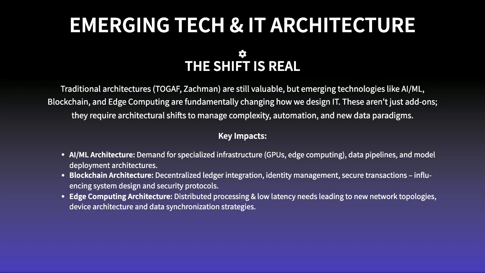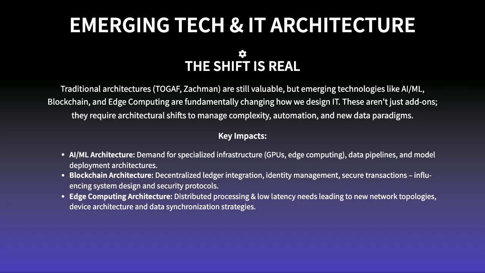Okay, let's talk about how the big tech trends are shaking up our IT architectures. While frameworks like TOGAF and Zachman provide a solid foundation, we can't just apply them as is anymore. Technologies like artificial intelligence, blockchain, and edge computing are creating entirely new architectural challenges and opportunities. Think about AI.